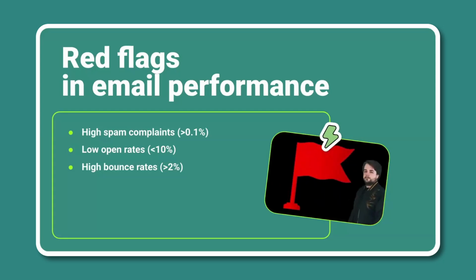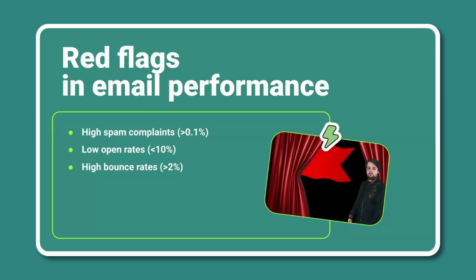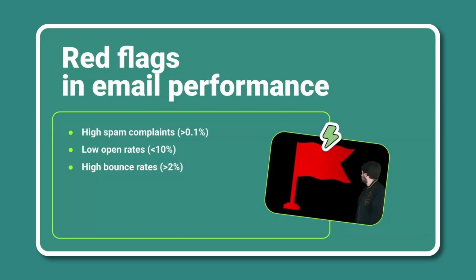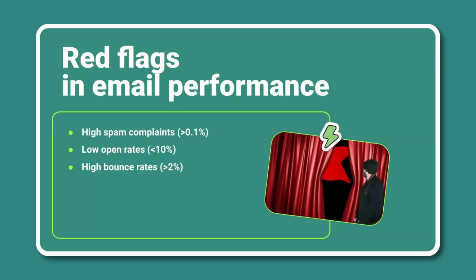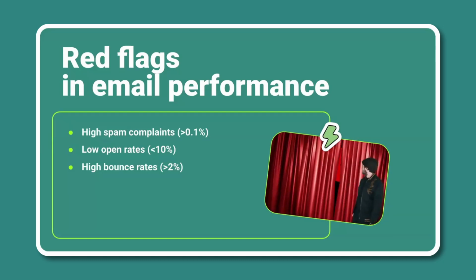For the sake of the red flags explanation, I will mention reputation based blocks, or authentication issues, for example. So if you have authentication issues, if you have problems with your domain reputation, you might experience soft bounces as well.